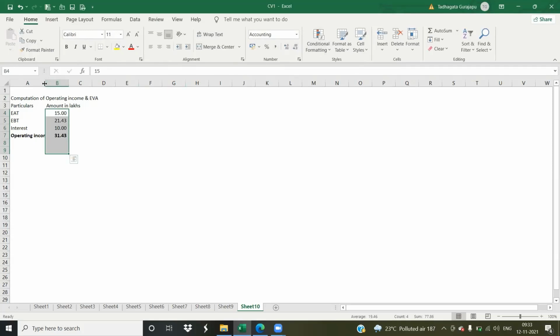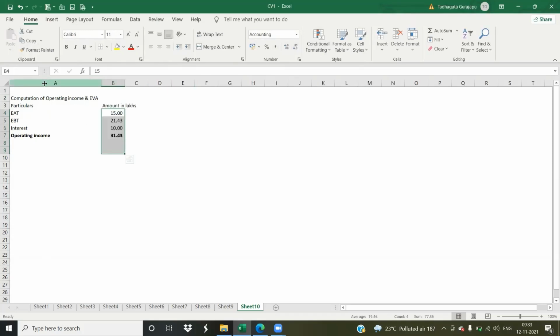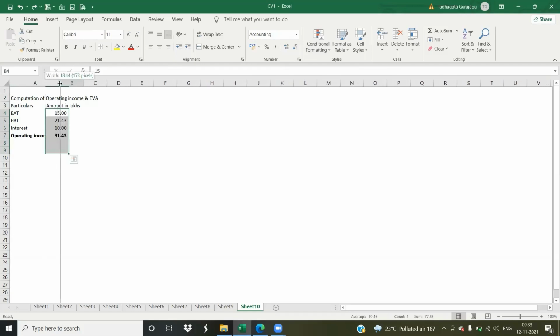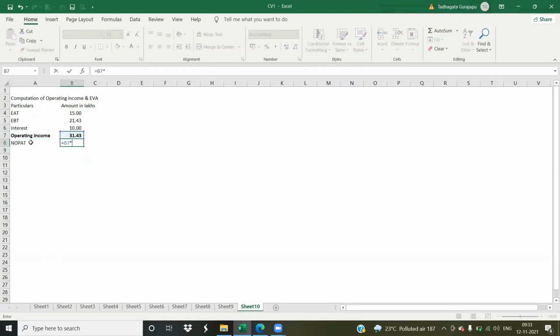Okay, you have got operating income. Now we'll find out NOPAT, which is operating income into 1 minus tax rate.